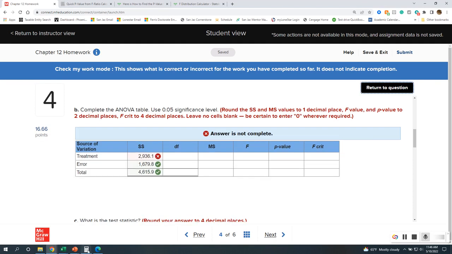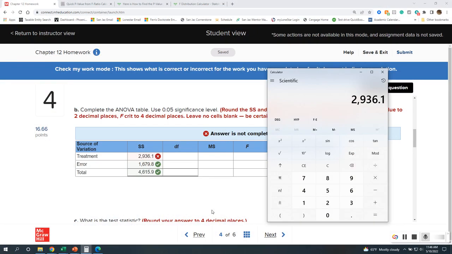Looks like we have something going on here, which is very odd.